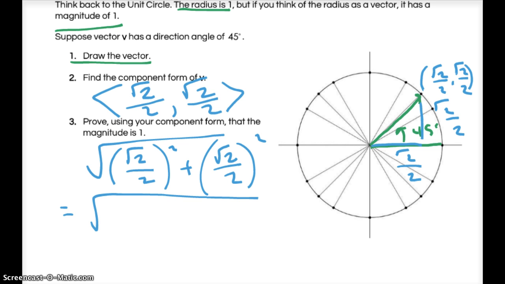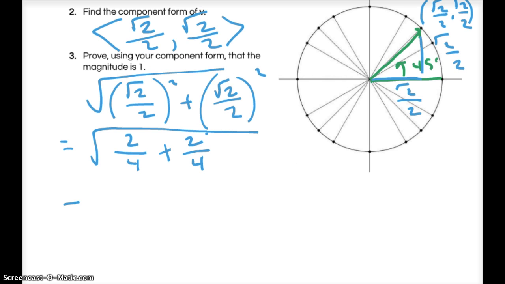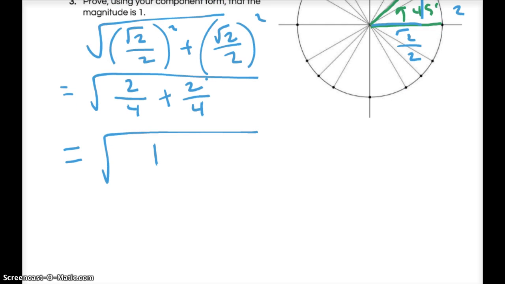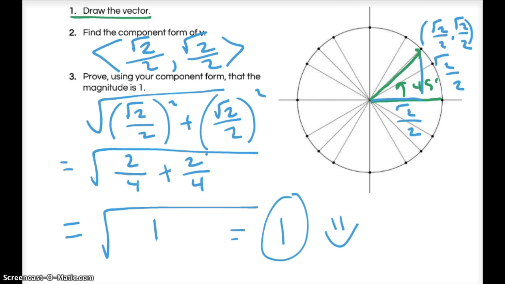Well, the square root of, let's simplify, rad 2 squared is 2, and in our denominator we have 2 squared, which is 4, plus the same thing, 2 over 4. Adding 2/4 plus 2/4 is like thinking of 1/2 plus 1/2, which is 1, and the square root of 1 is 1. So yes, any vector we create using a coordinate on the unit circle, because the radius is 1, also shows that the magnitude is 1.